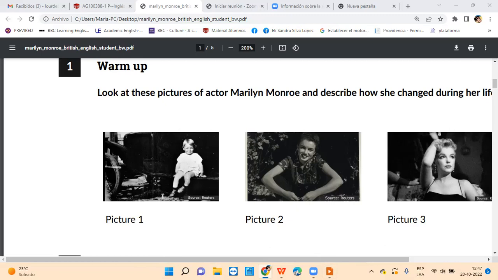For example, if you look at her appearance, can you see any changes in her appearance? She is taller. Okay, of course she got taller. Any other change during her life?